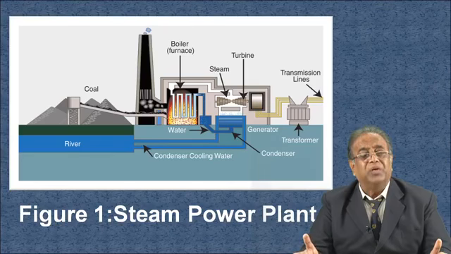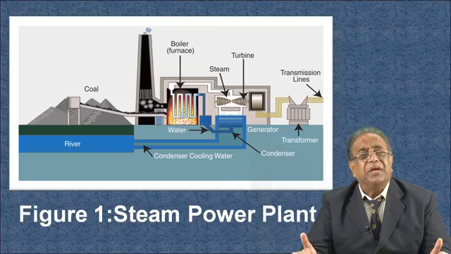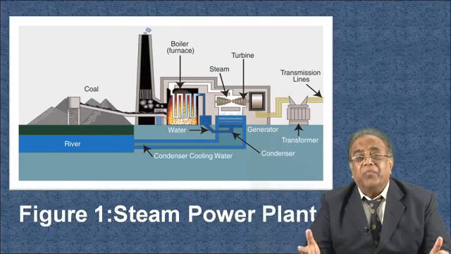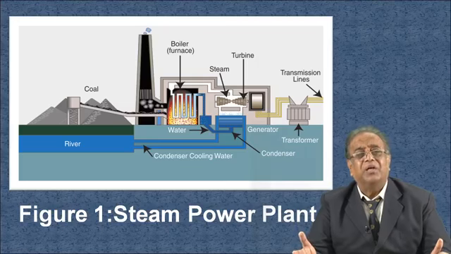That heat is utilized for converting water into steam, and the high pressure, high temperature steam then passes through the turbine. The expansion of steam takes place inside the turbine, and the turbine shaft rotates. The shaft of the turbine is coupled with the shaft of the generator, and the generator in turn produces electricity.